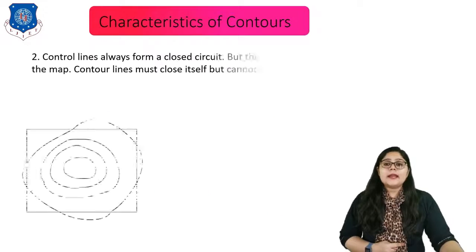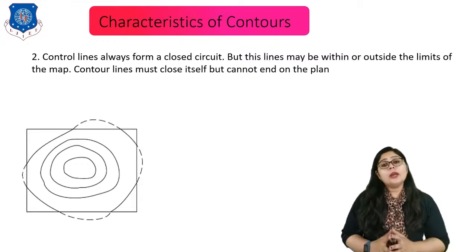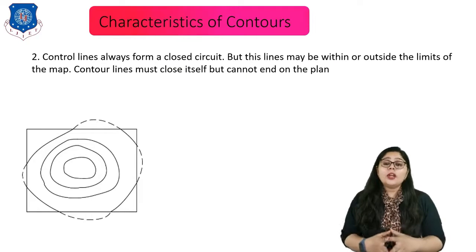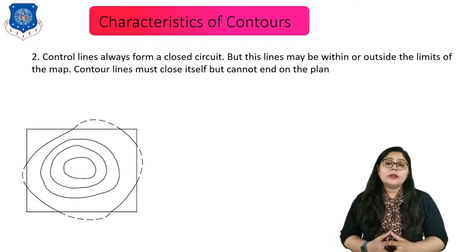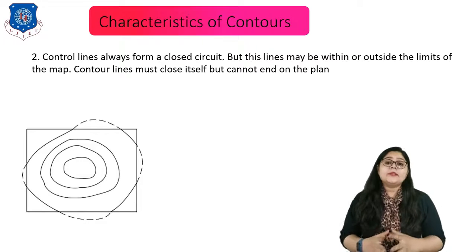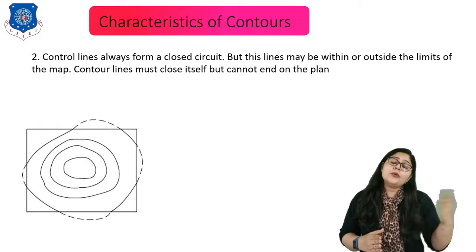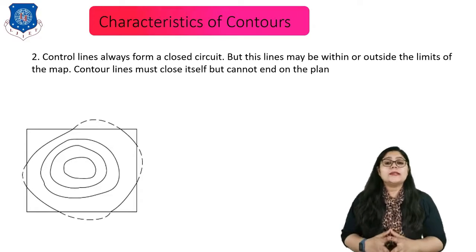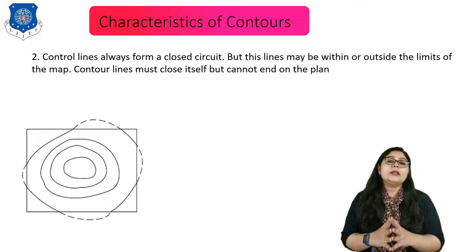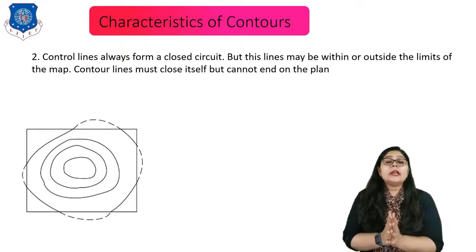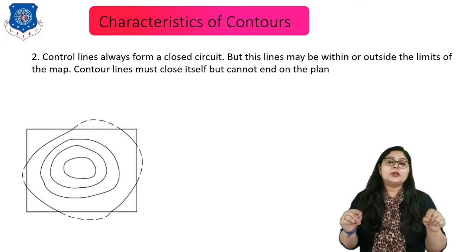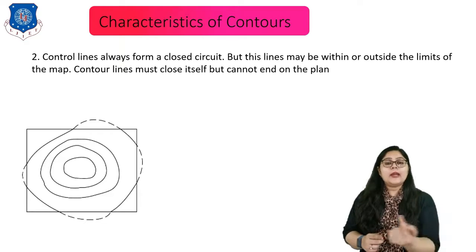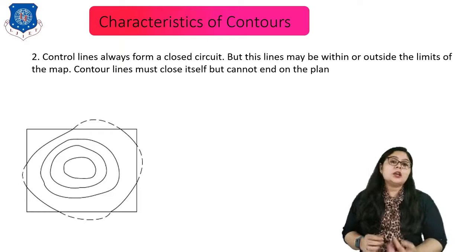Now in the second point we can say contour lines always form a closed circuit. Then what about the dotted line shown over here? Because sometimes the line may be within or outside the limits of the map. So contour lines must close themselves but cannot end on the plan. It means, if I am drawing the contour map for Ahmedabad, the points having the same value can continue in Gandhinagar also.